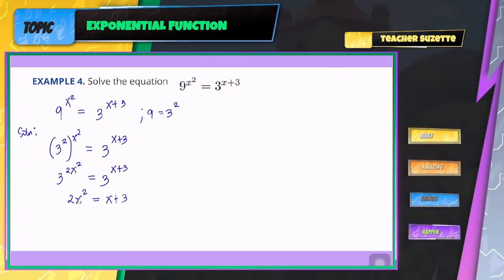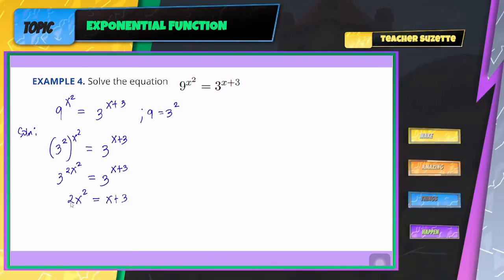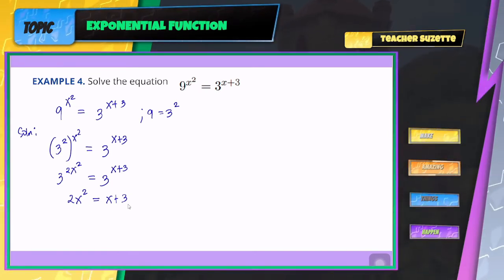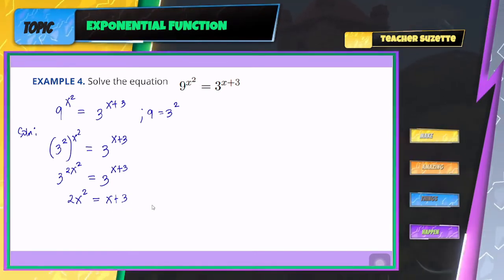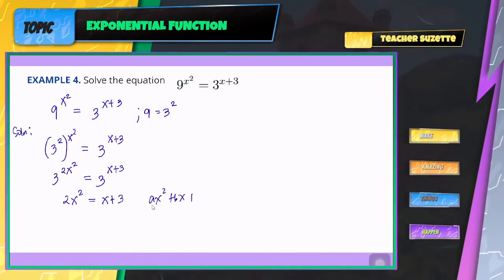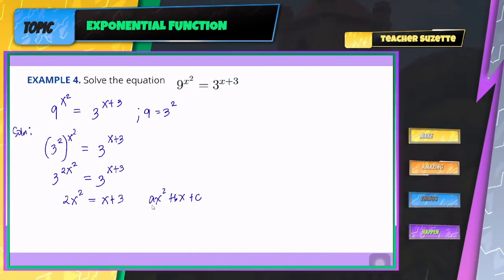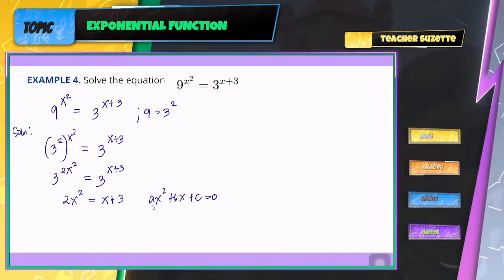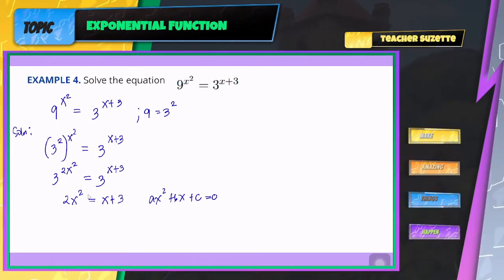So, meron tayong x squared. So, pwede natin itong isulat actually para ma-solve natin yung values ng ating x into a quadratic form of ax squared plus bx plus c. Then, equate natin ito sa 0. So, transfer natin lahat ng ating mga variables na nandito sa ating right side, sa ating left.